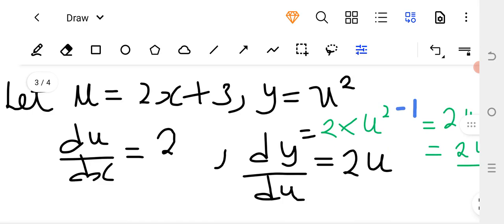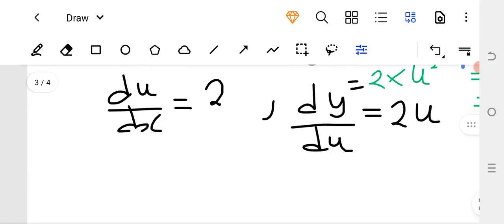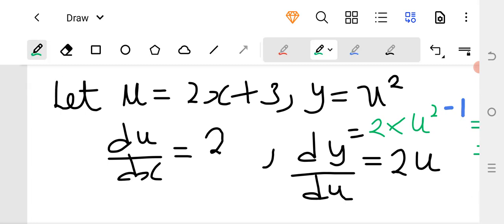So what have I done? You have u there, you have y there. Differentiating u gives du/dx, differentiating y gives dy/du. And then the chain rule comprises these parts, what we have differentiated here: du/dx and dy/du.